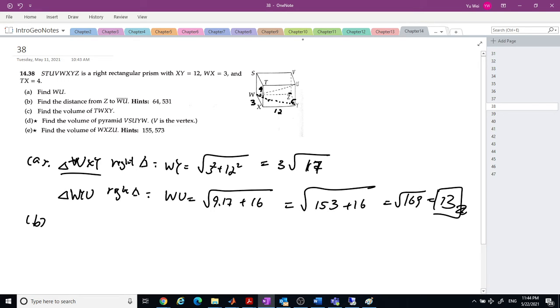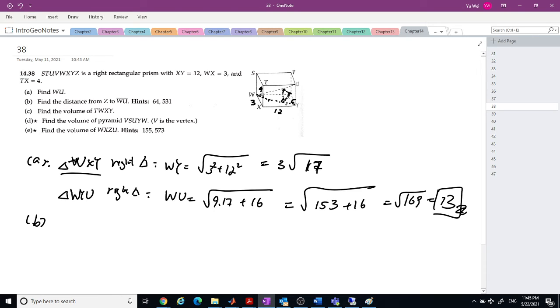If we want to find the distance from Z to WU, now we need to see the... okay, so we need to find Z to the WU.